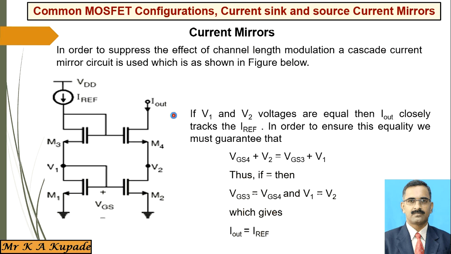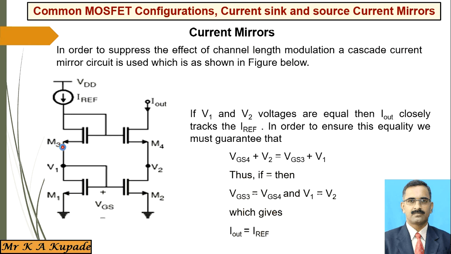Are you understanding? If we neglect the channel length modulation concept, it gives some sort of error. To avoid that error, and to suppress the effect of channel length modulation, we cascade the MOSFETs. Considering M3 and M4 as the two MOSFETs here, we again have VGS3 plus V1 and VGS4 plus V2, which are equal summations.